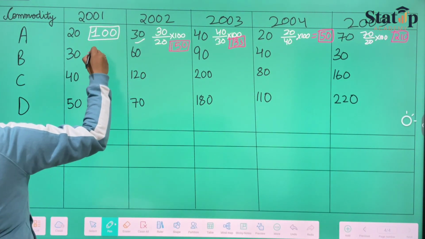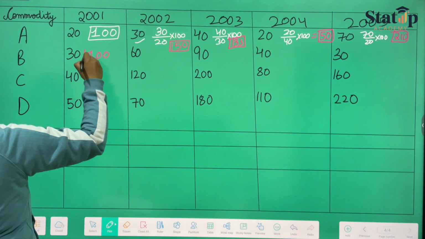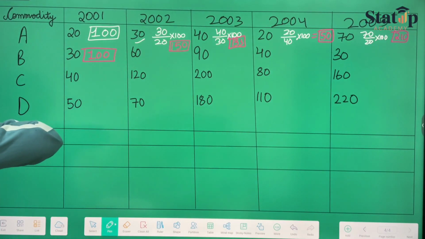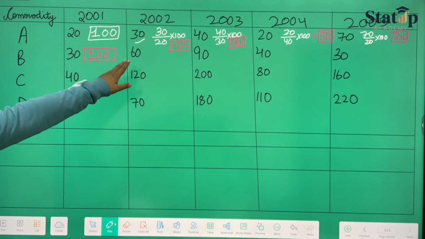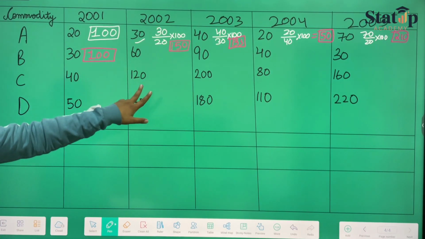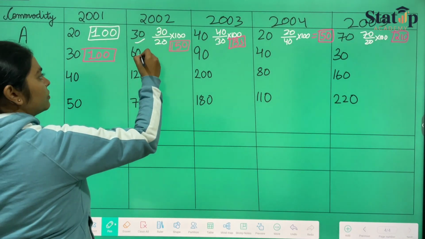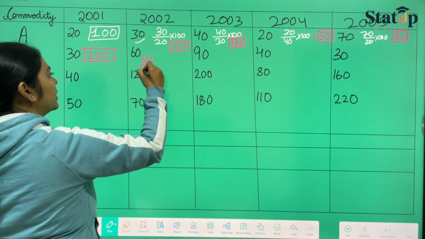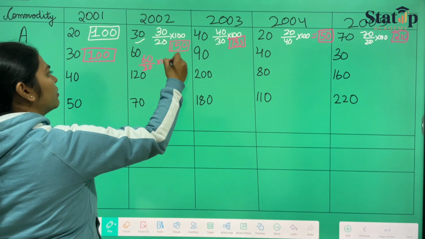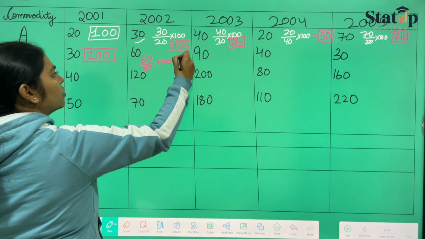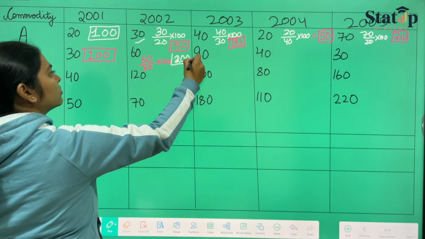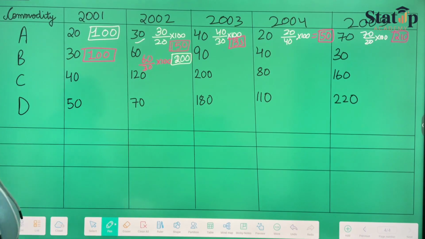Likewise, we can calculate for the second year. For the first year it will be 100 because we don't have the previous year's value. For this it will be 60 upon 30 into 100, which will give us 200.